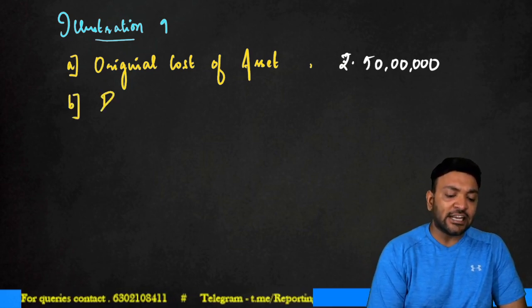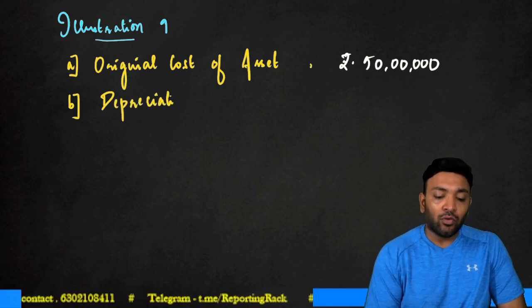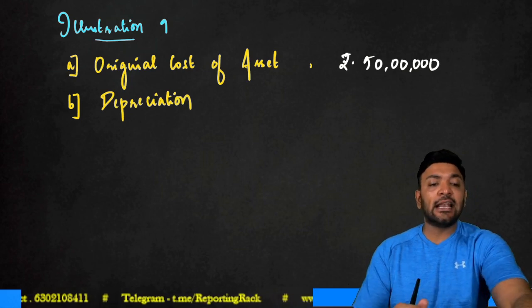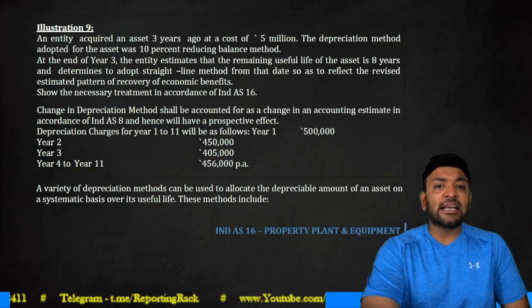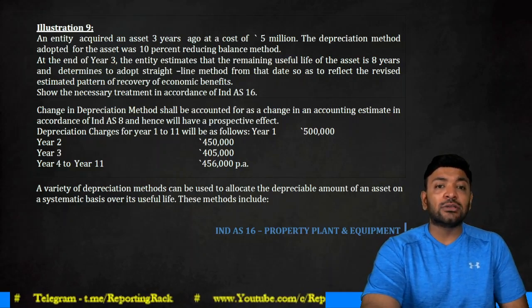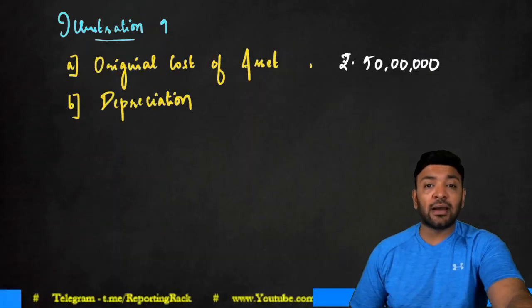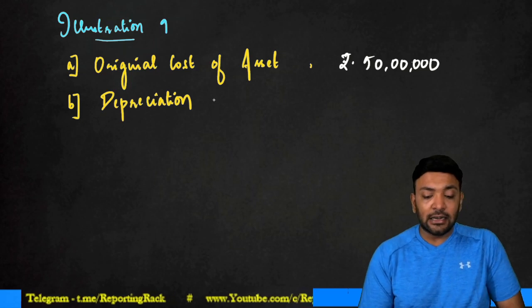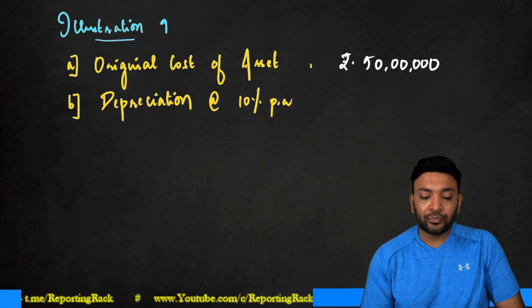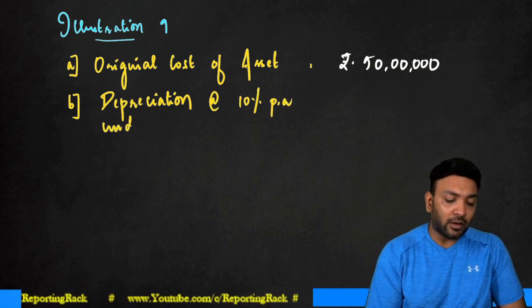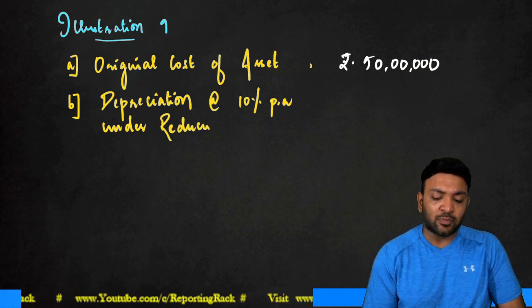What is the depreciation? What is the rate at which you are depreciating the asset? Look back at your question. Your question says the reducing balance method applies a depreciation rate of 10%. So 10% on the reducing balance method is what we have to consider. Depreciation at the rate of 10% per annum under reducing balance method.